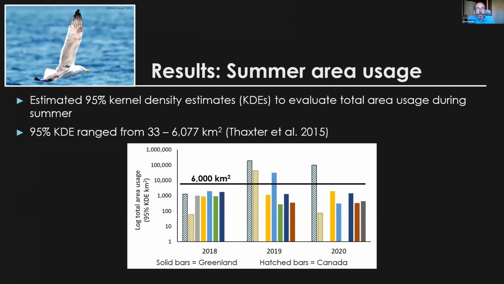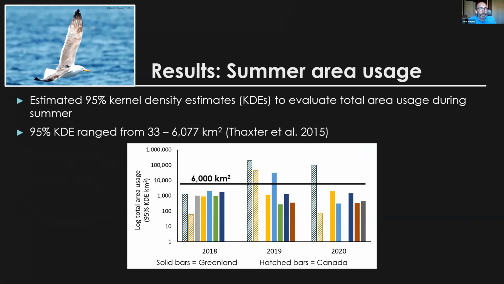So this is just a real quick plot to show the total area usage during their summer season. We took those summer seasons that I showed you earlier, and we took them for all our birds that met that requirement. They hit a northern latitude and they stayed.